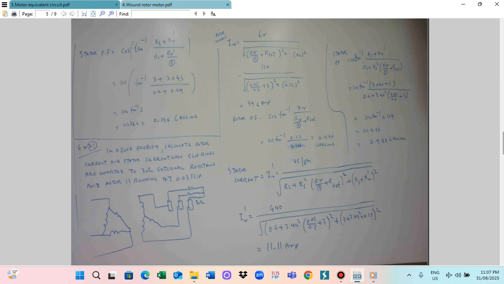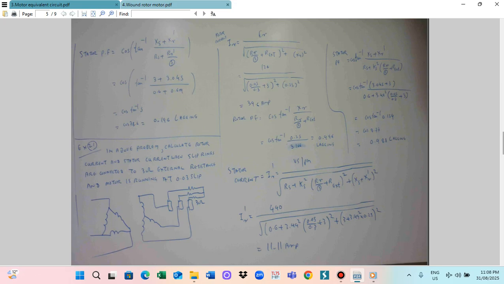So this one we just take cos tangent inverse. X_R is already given as 0.25, and divided by 3.166 plus R external. So this is 3.166. So then we get 0.996 lagging. So this is for the rotor.